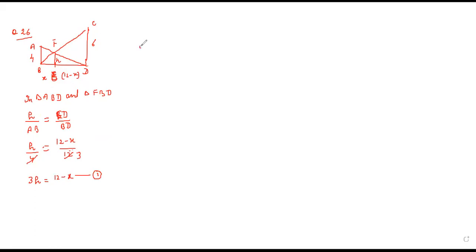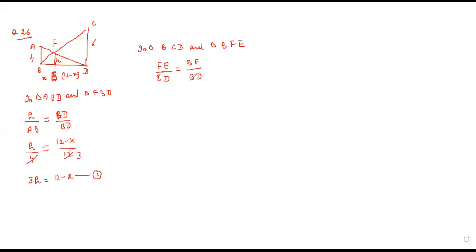Now I'm going to the other side. In triangle BCD and triangle BFE. That's the central idea of this topic. FE upon CD is equal to BE upon BD.